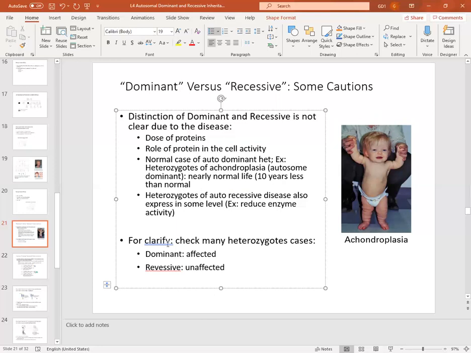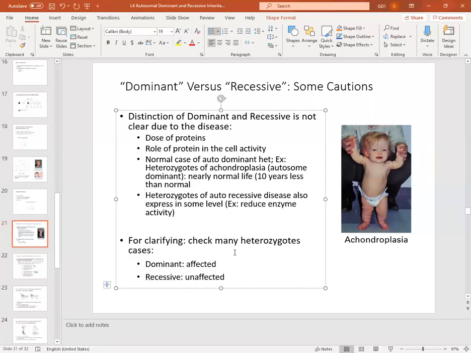It's for clarifying. And how can we check that kind of situation? For checking, if you increase the number of samples and the number of cases, like dominant always has an effect and recessive has no effect.